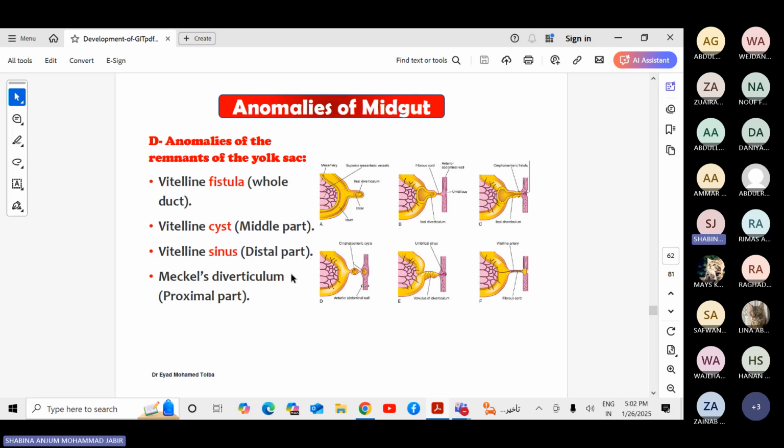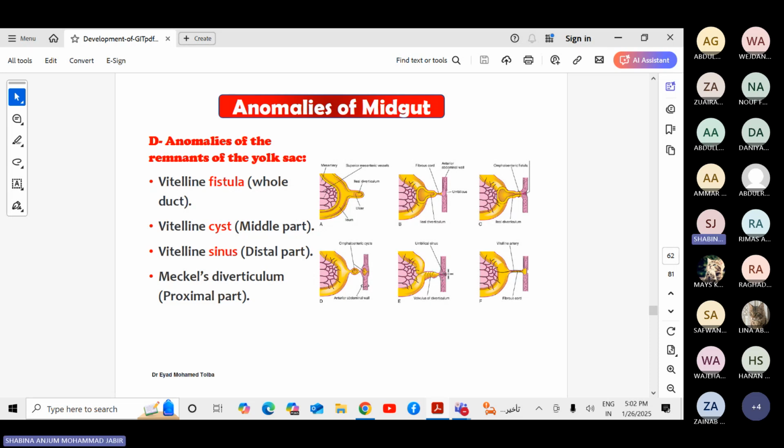But if there is something which is not fused, it may lead to a fistula, it may lead to the presence of a cyst, it may lead to a sinus. Here you can see this is the sinus.